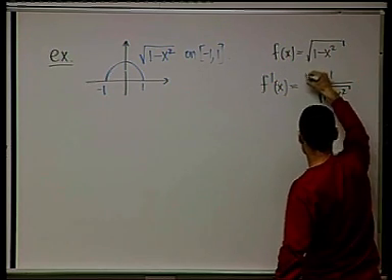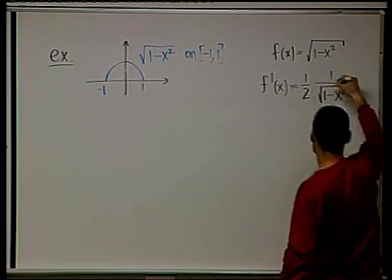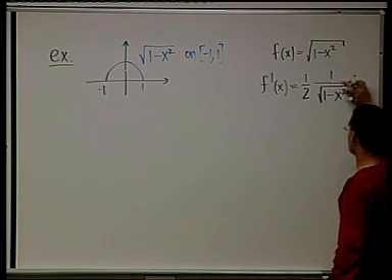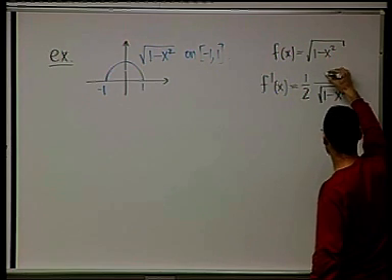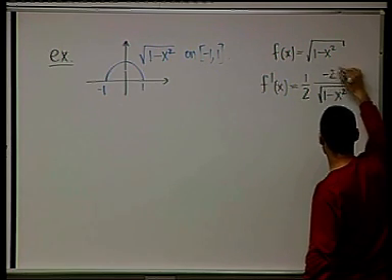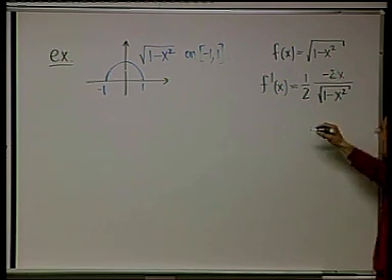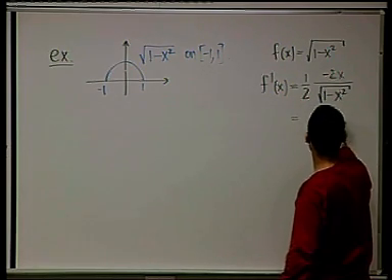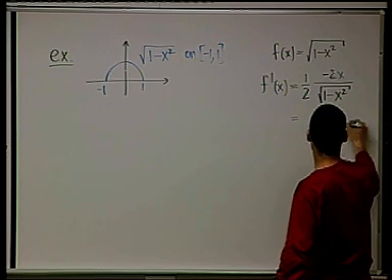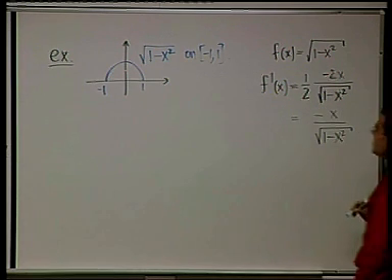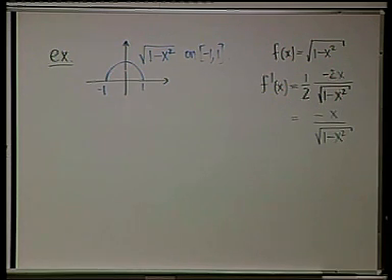The derivative is 1/2 times this to the power -1/2, which sends it to the denominator. But then there's the inner derivative, which is what? Minus 2x. This is f prime. And then the 2's cancel, so I just get minus x divided by root 1 minus x squared. This is f prime. Good?